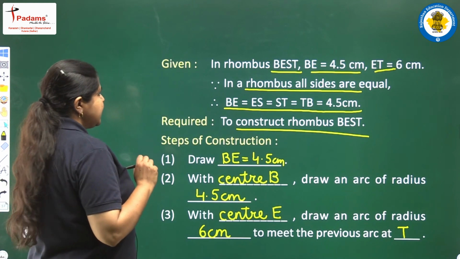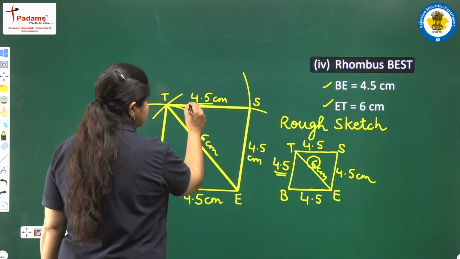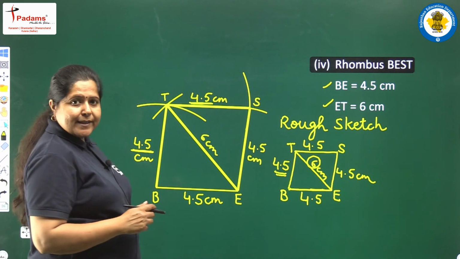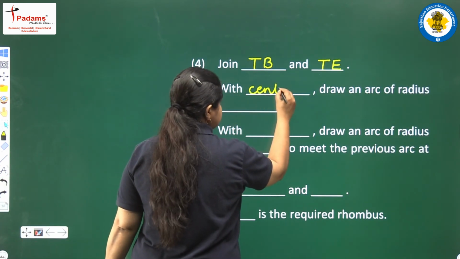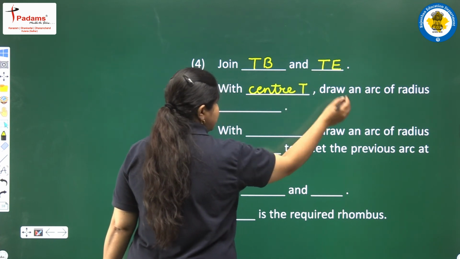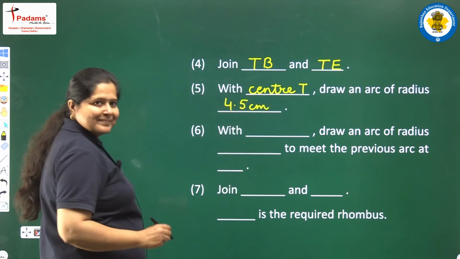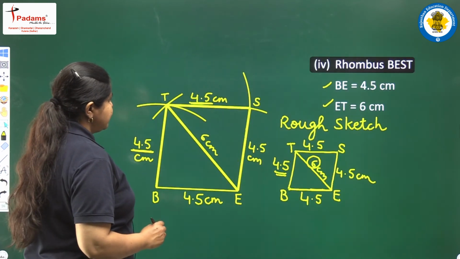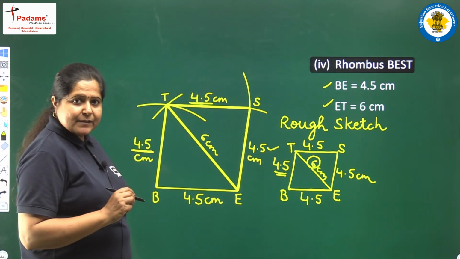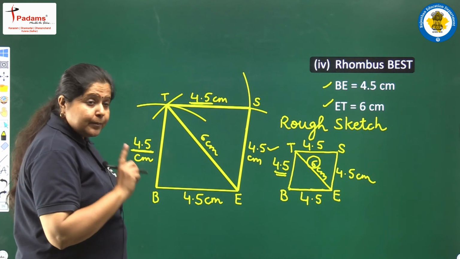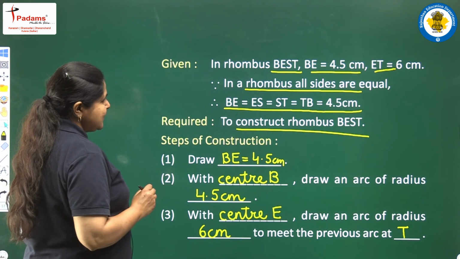Then what next we did? With center T and radius this one 4.5 centimeters, draw an arc. Let us write it here. With center T, draw an arc of radius 4.5 centimeters. Then what next? With center E and again the same radius 4.5 centimeters, draw another arc to meet the previous arc at point S. So, we write it here.